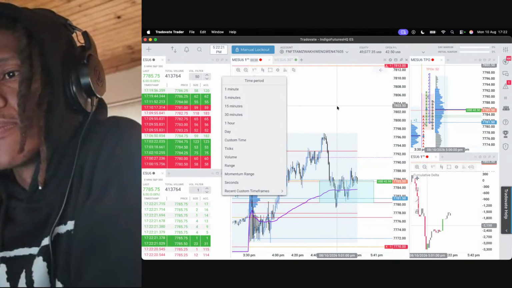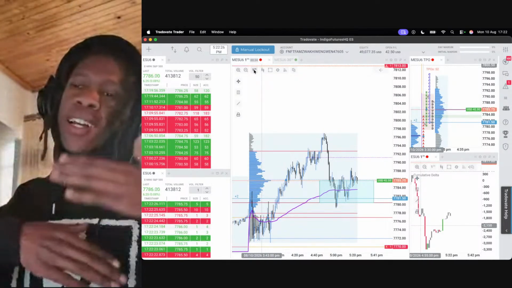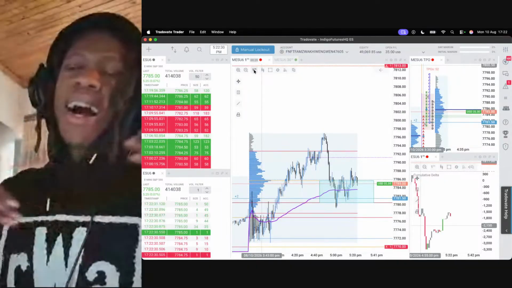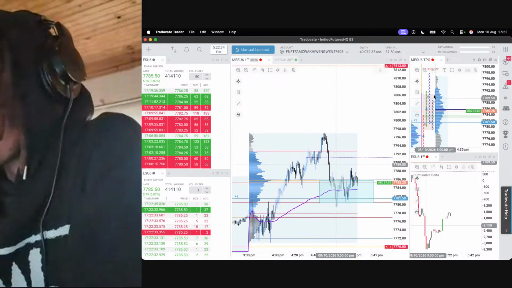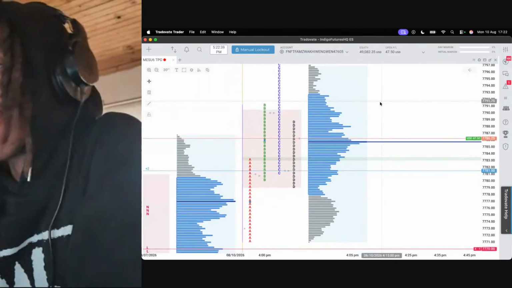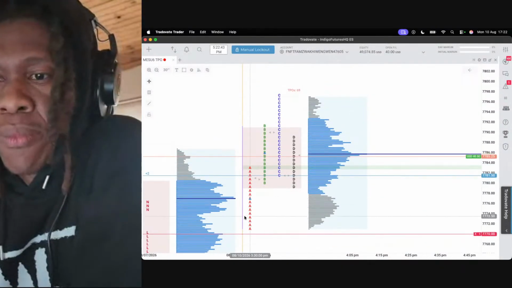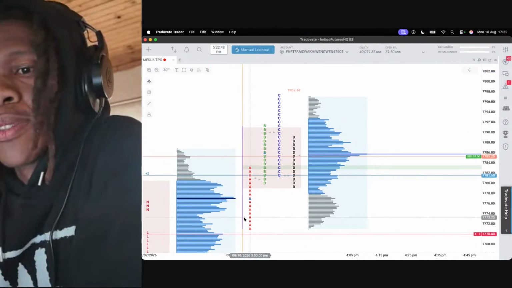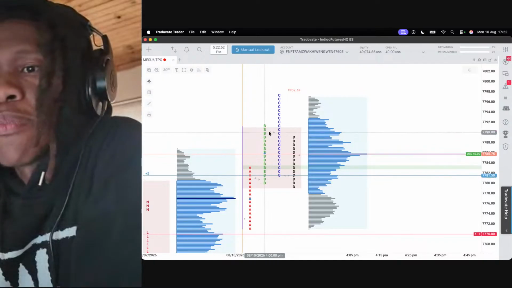Switching in between time zones, really, I guess to get a bigger overview of a higher time frame analysis, but this is the higher time frame analysis. If you really want one, here's your 30-minute chart, right? 30-minute open, 30-minute close, 30-minute open, 30-minute close.